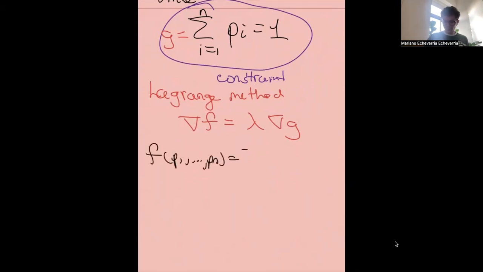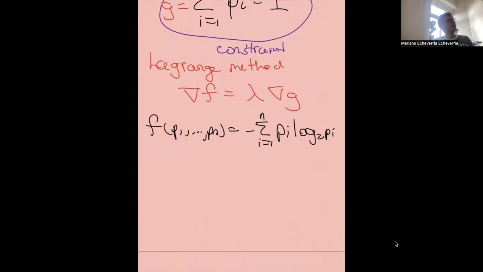The reason they're simple is that the variables appear separately. You don't have an expression where it's P1 times P2 or something like that. P1 only appears on its own in some function. That is what makes it slightly easy to work with.